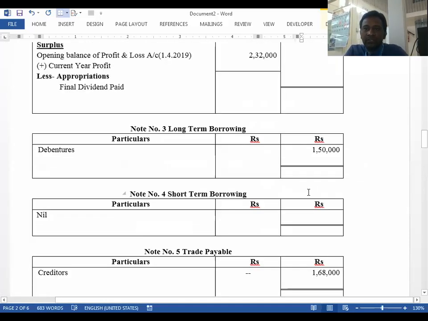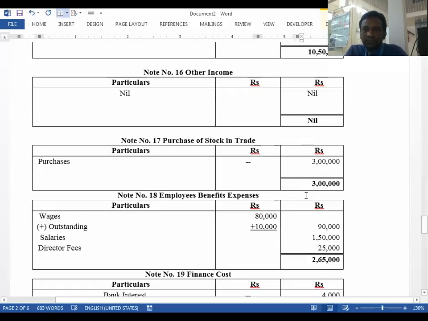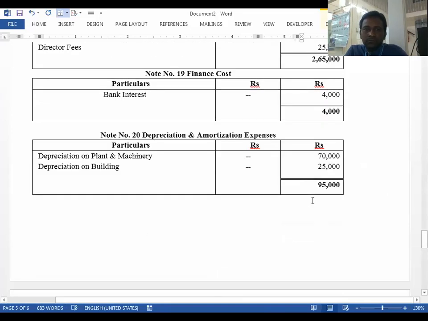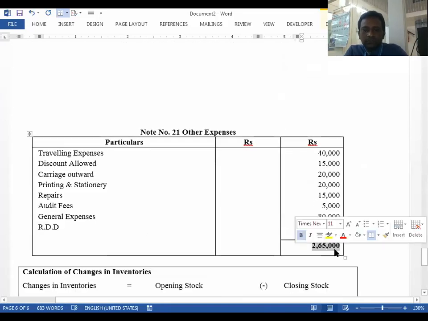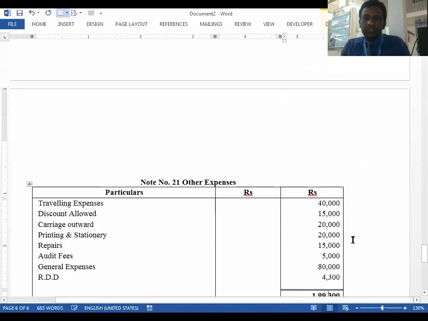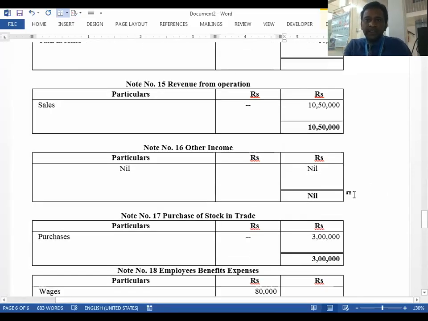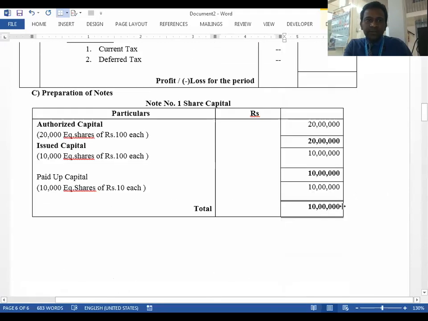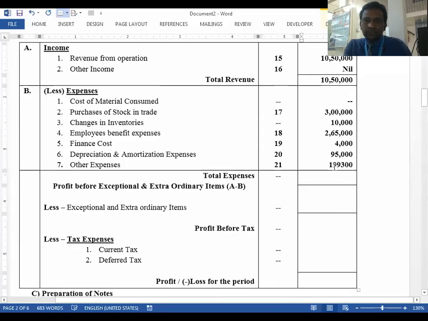Okay, 1,99,300. Now just total the expenditure side. Other expenditure is 1,99,300. Is it correct?